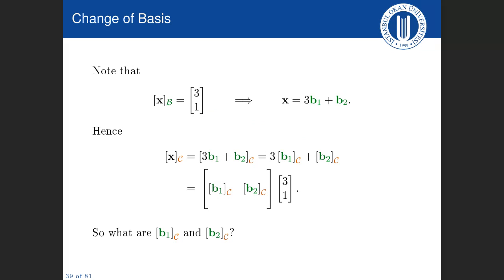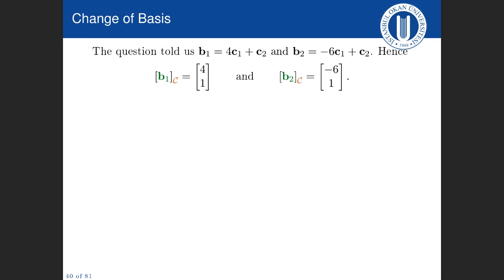But the question told us this. The question told us that b1 is 4c1 plus c2, and b2 is minus 6c1 plus c2. So just from that information, straight away we can write down that the coordinates for b1 relative to C is 4, 1.